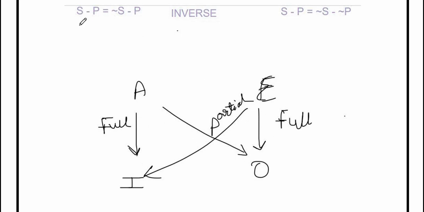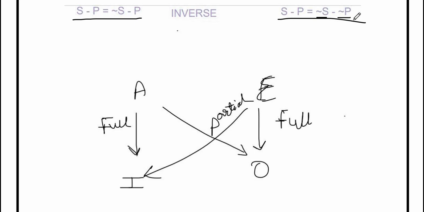For partial, the rule is that S and P don't interchange. Just like contrapositive interchanges, but here it doesn't. In fact, the S becomes non-S and the P remains as P. In full inverse, both are complemented.